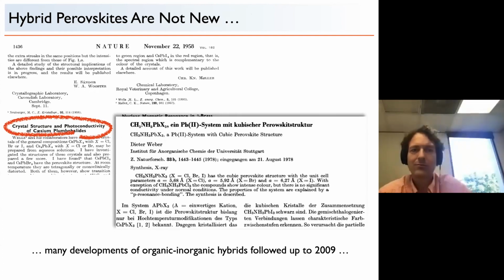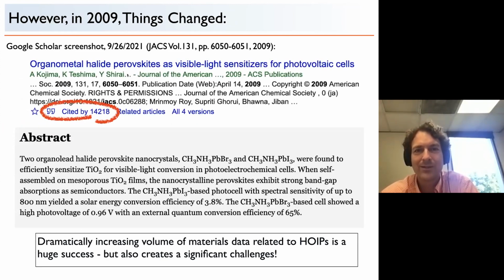And so if you look further, there is this hybrid perovskite, methyl ammonium lead X3, a lead 2 system with cubic perovskite structure. And this was characterized in this paper in 1978. And since then, the field actually grew, and many developments of organic-inorganic hybrids based on this paradigm followed up to 2009 when this paper was published, which I'm sure many in the audience have heard about, which says organometal halide perovskites as visible light sensitizers for photovoltaic cells.